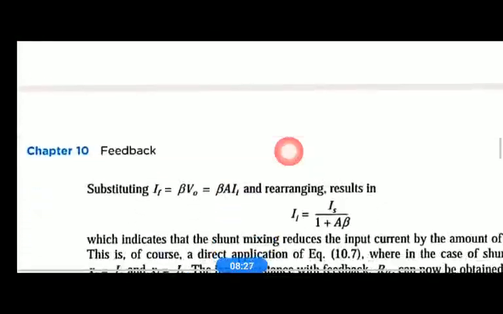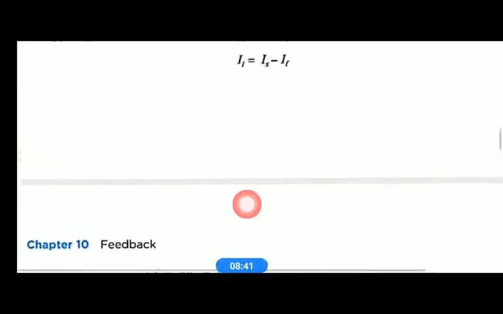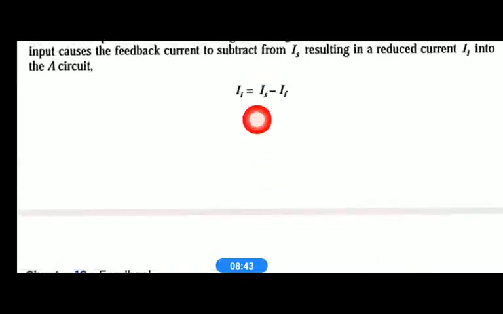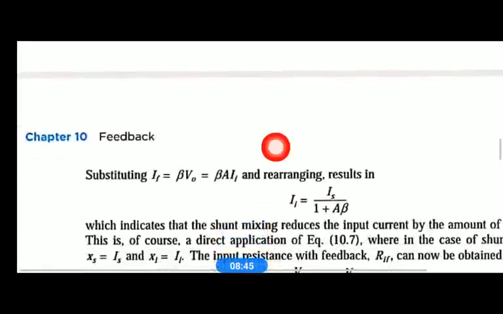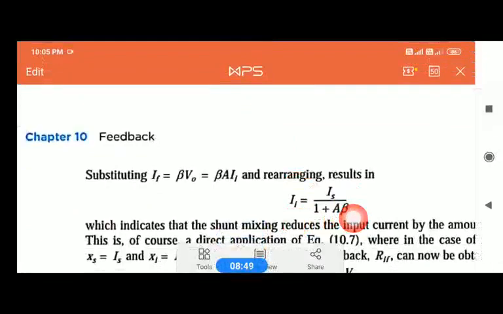So we can replace V0 here: IF is nothing but beta V0, and V0 we replace with A into II according to the open loop amplifier gain. Substituting this in the equation, we will get II is equal to IS divided by 1 plus A beta. This is how I derived it here.